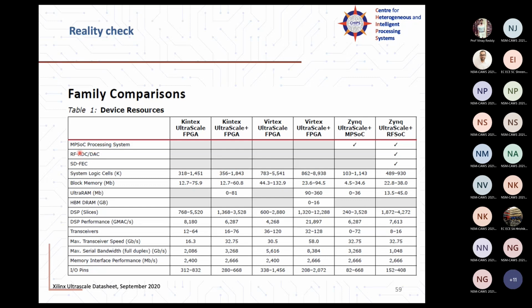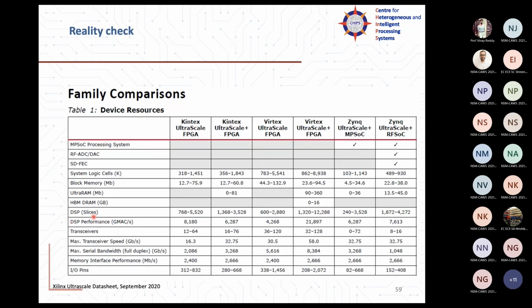We have multi-processor system on chips available in some of the devices. There are DACs, and others for error correction codes, etc. But let's look at memory and let's look at DSP slices.